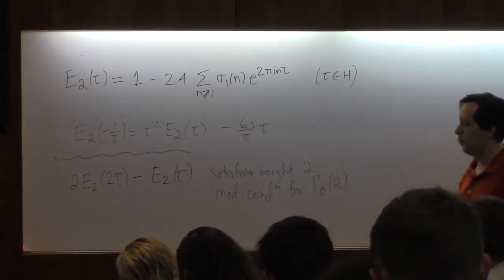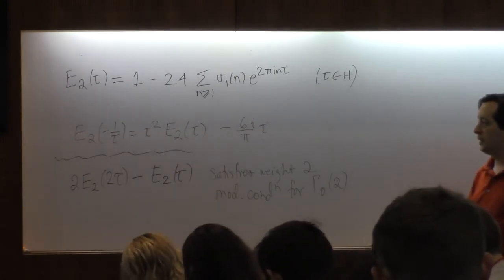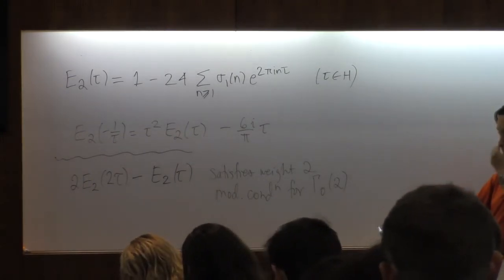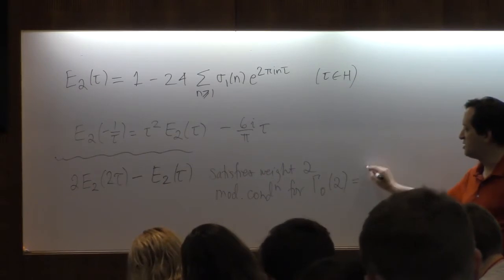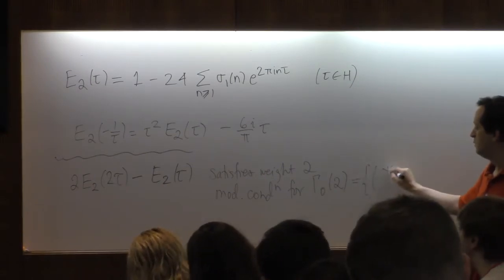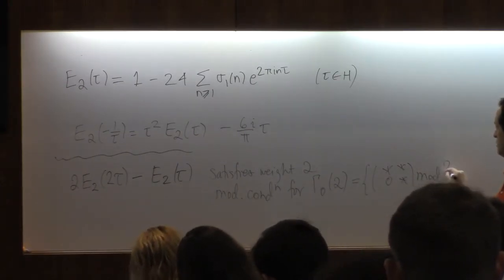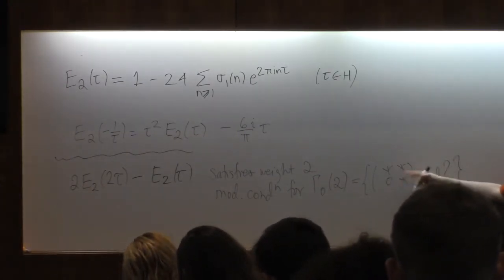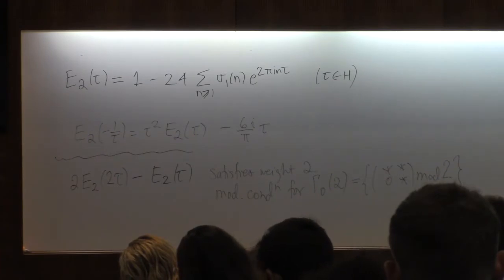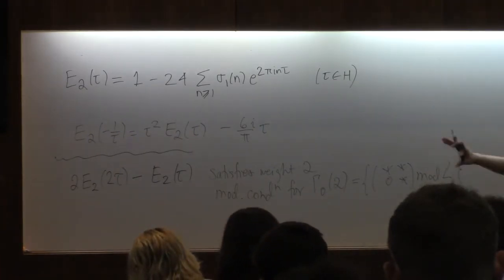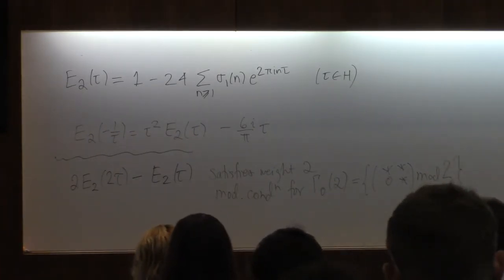It does not transform in the way you would like for minus 1 over tau, but for all the SL2Z matrices that look like something, something, 0, something mod 2, it transforms nicely under the weight 2 transformation law.